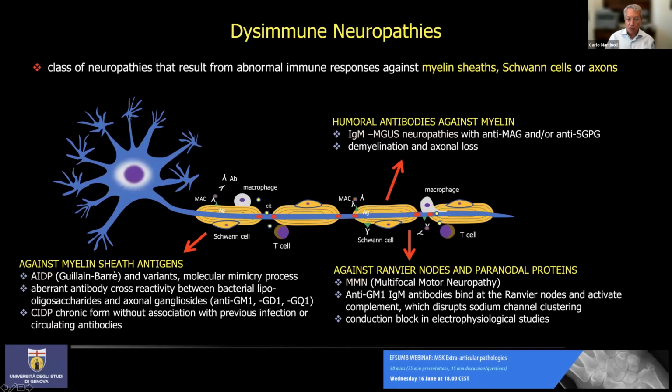Another class of disorders is represented by the dysimmune neuropathies, in which there is an autoimmune aggression against myelin sheath antigens, against Ranvier nodes, paranodal proteins, and we have a series of conditions taking part in this class of disorders, including Guillain-Barré, CIDP, multifocal motor neuropathy, MMN, and other minor forms.